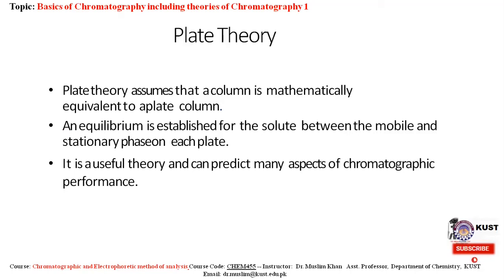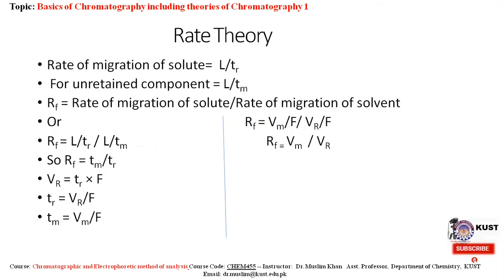Equilibrium is established at each plate for the solute between the mobile phase and the stationary phase. This is a very useful theory and it can predict many aspects of chromatographic performance. The next one is rate theory.